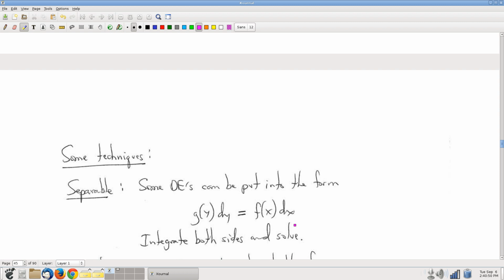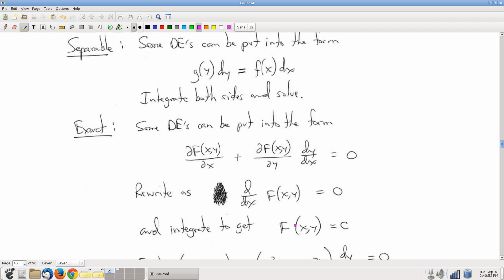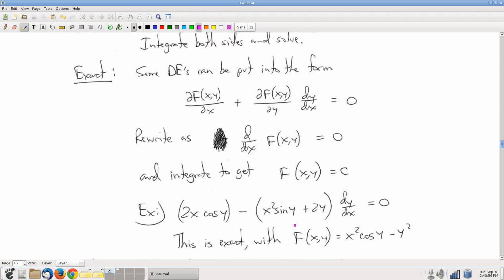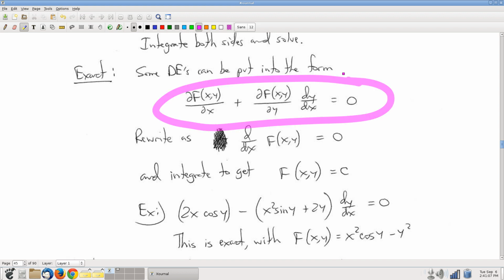And then just a quick preview. There are some other techniques. We're not going to study these in detail in Math 216, but you will see these next two techniques in the next course, Math 353. So some differential equations can be put into this form. Very special form, again. Got to fit exactly this form. And then certain key observations can be made, turn that into an equation, which you can then solve for the function y in question.